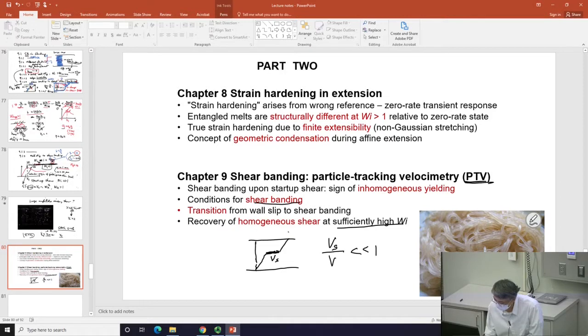If that slip is a large amount compared to V, then the system has the possibility of choosing such a state, or choosing a big part that's sheared very fast and the rest sheared very slow. Who knows? When you saw the movies, it's not something we can predict.